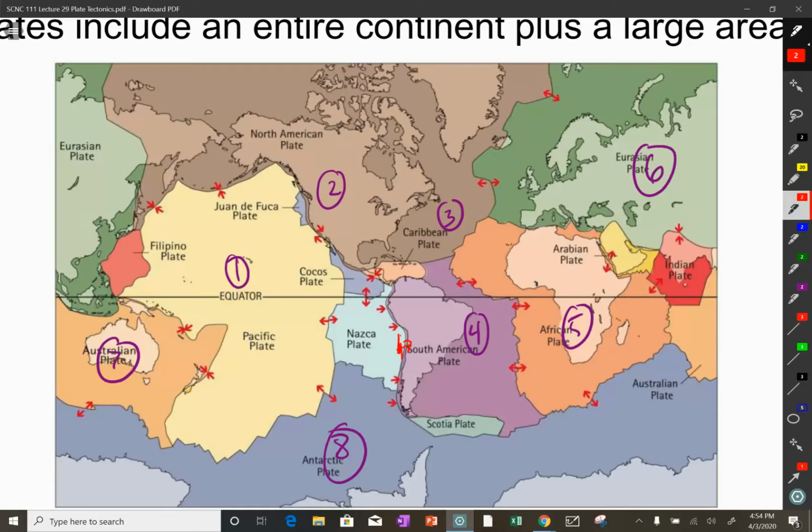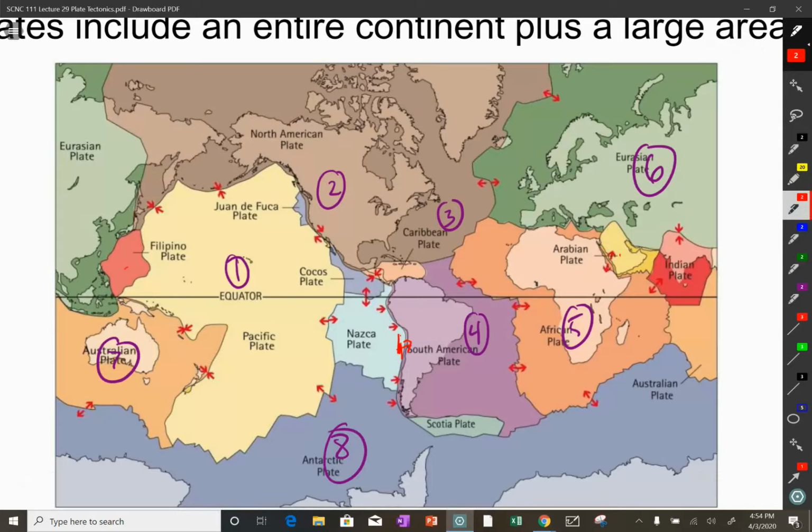Those Chileans, they live through earthquake after earthquake. Other minor plates, we have the Cocos plate, the plate of Juan de Fuca, the Scotia plate, the Arabian plate, the Indian plate, the Filipino plate. So there's the plates that we have.